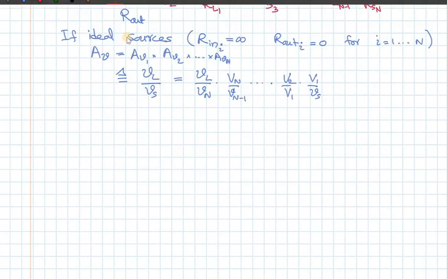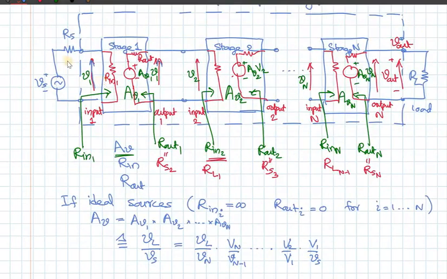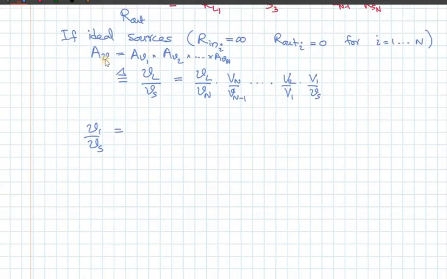So what are each of these terms? So let's start from the last term. What is V1 over Vs? V1 over Vs is the ratio, so this is V1, Vs is here, so therefore you see that V1 is the voltage or the potential division between Rs and R in 1. So therefore this is equal to R in 1 divided by R in 1 plus Rs.